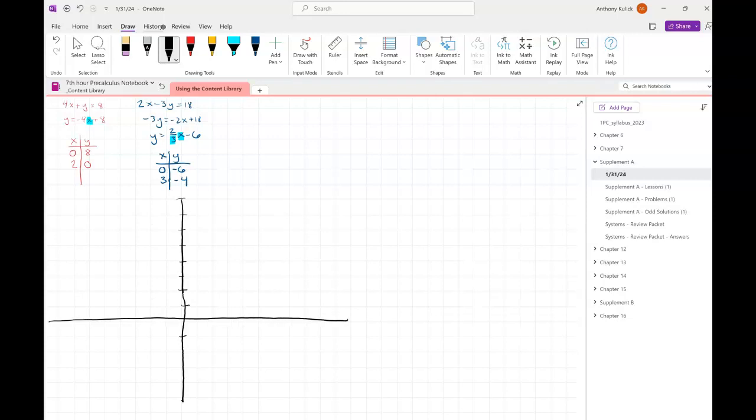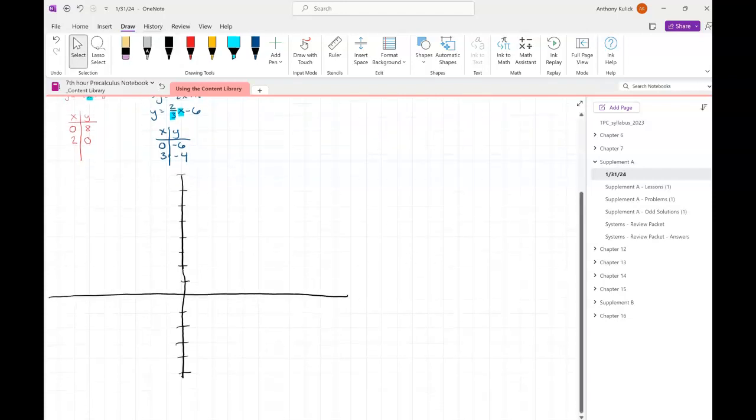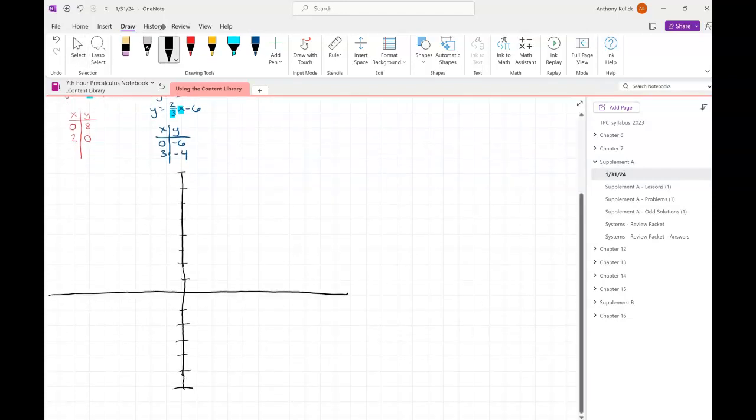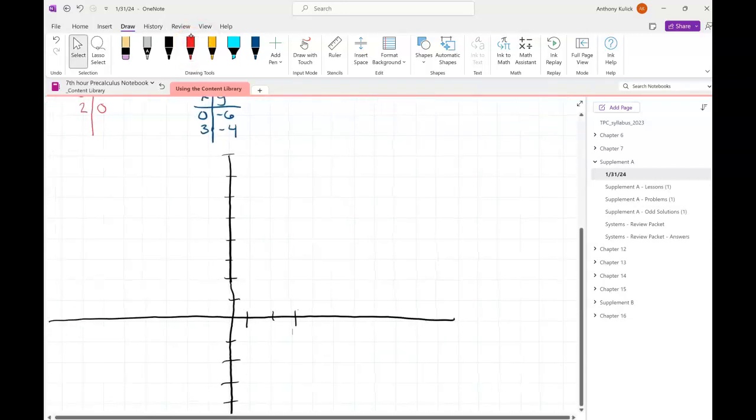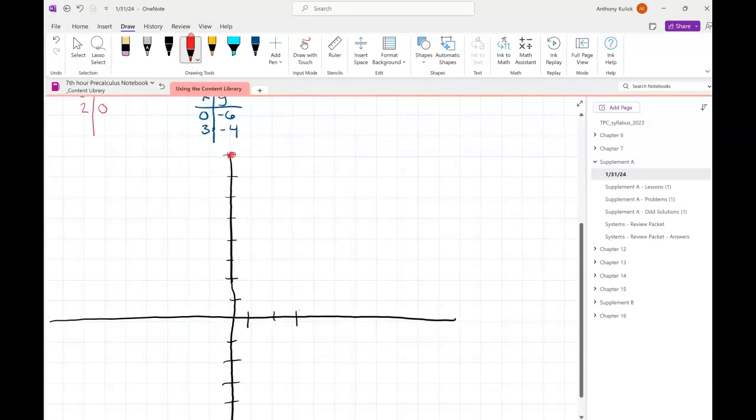And then we have 1, 2, 3, 4, 5, 6. And then 1, 2, 3. So I'll do my red one first. So I have 0, 8, and then 2, 0. Everybody feel okay with that?